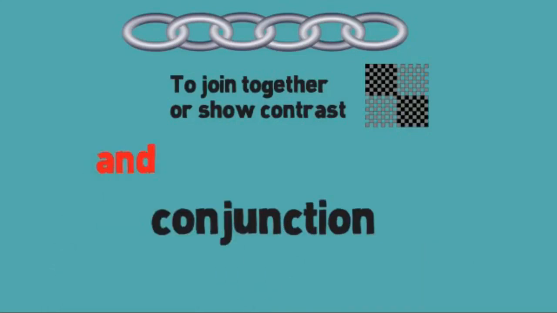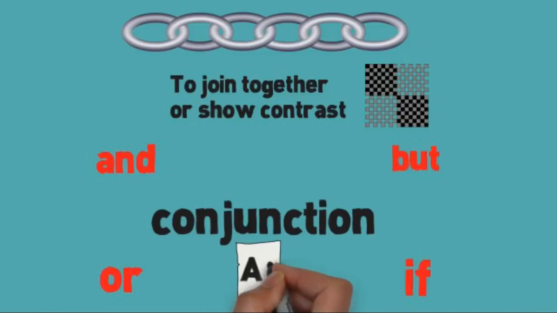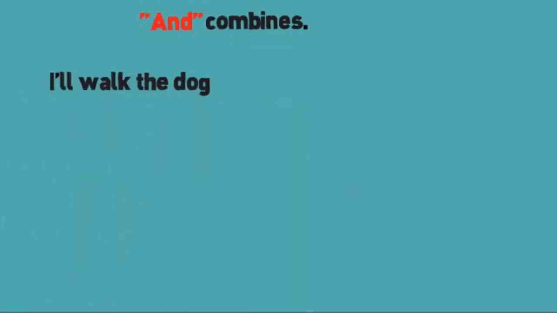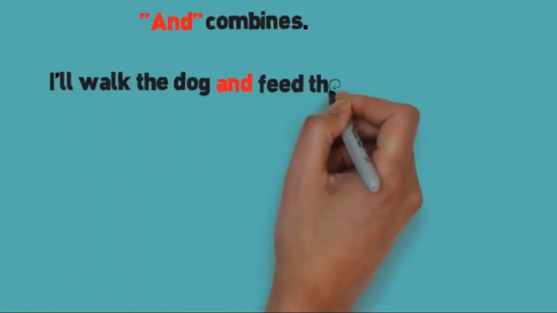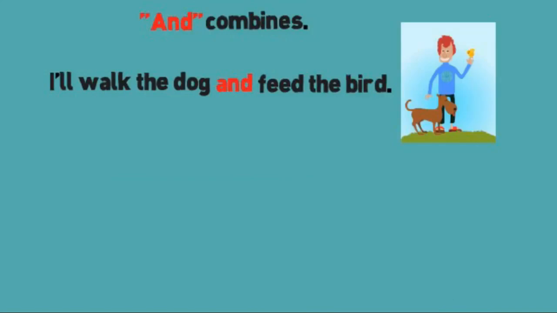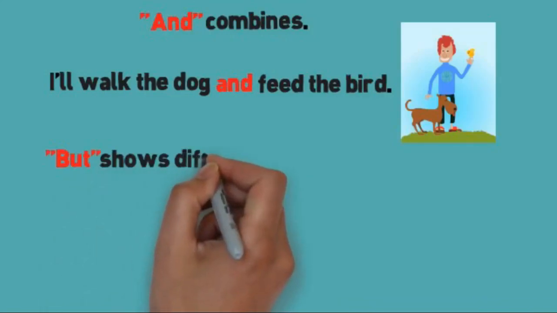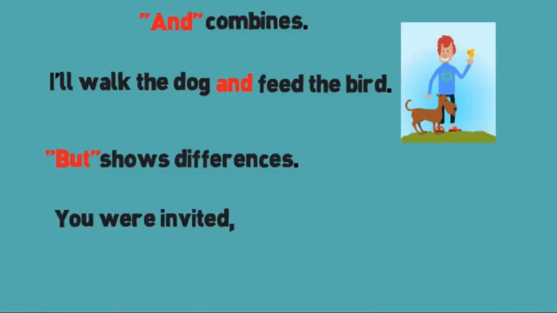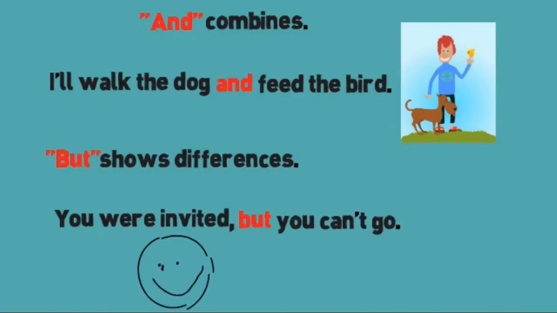To join together or show contrast, using a conjunction is where it's at. Using conjunctions when you write will make your paper dynamite, and combines phrases, sentences, words. I'll walk the dog and feed the birds, but shows differences you may know.